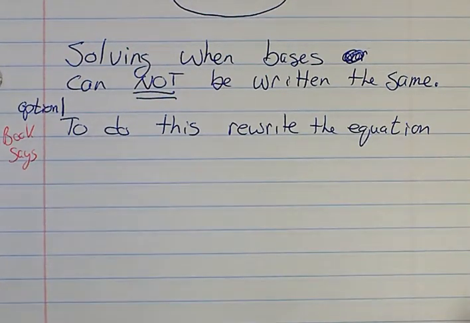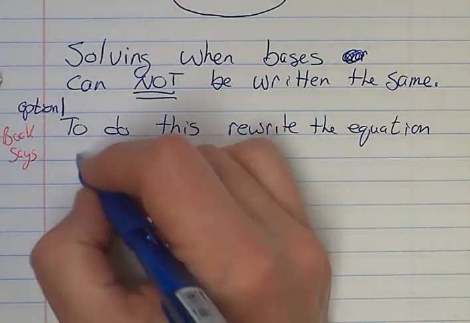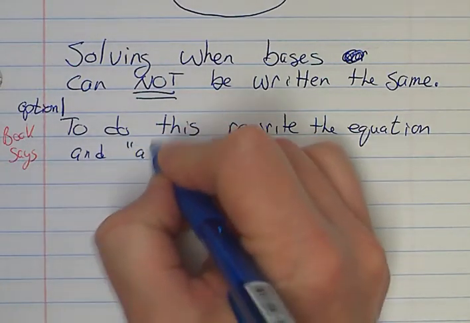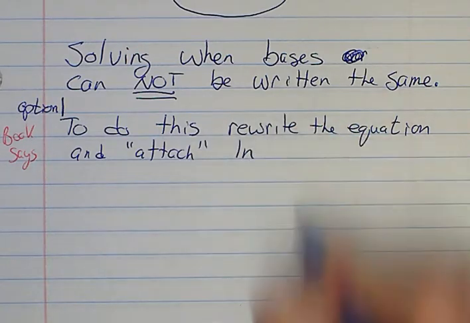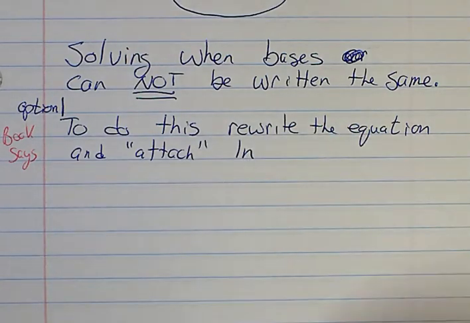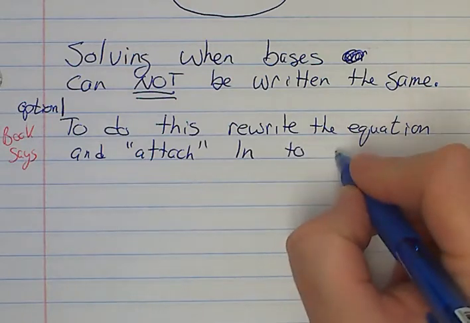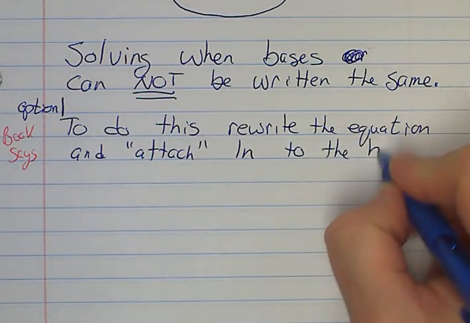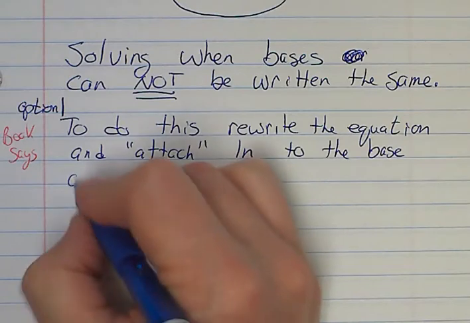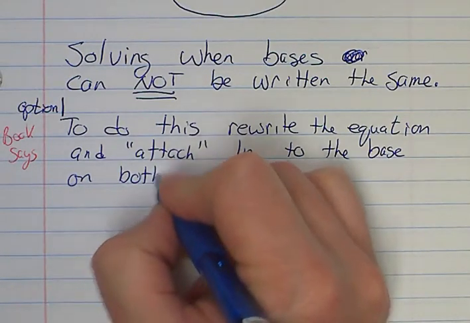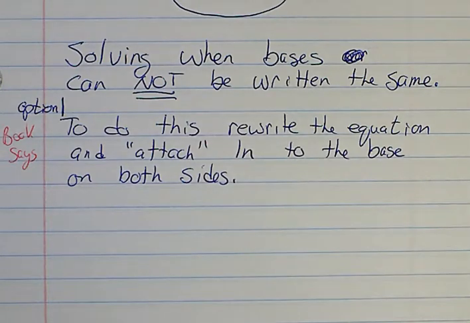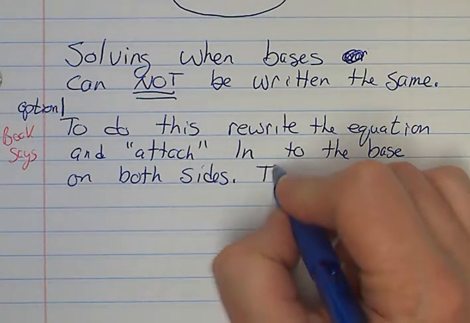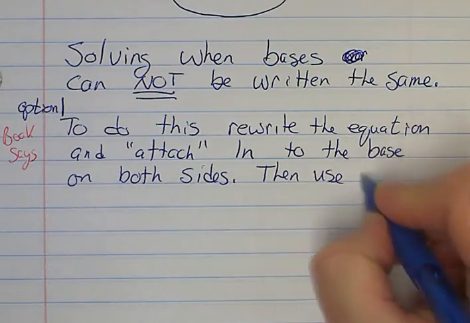So to do this, you're going to rewrite the equation, and then you're going to attach ln to the base on both sides. And then you're going to use log properties to solve.